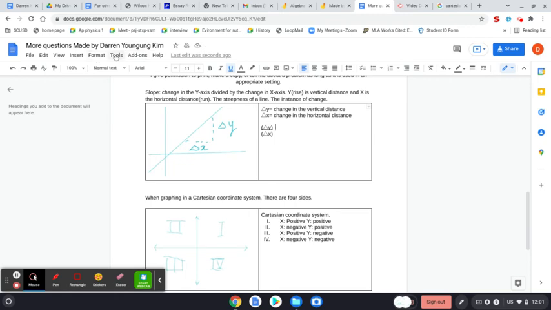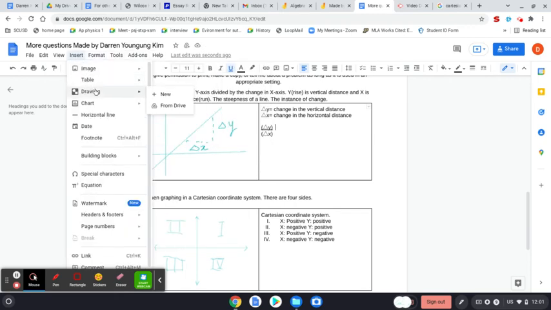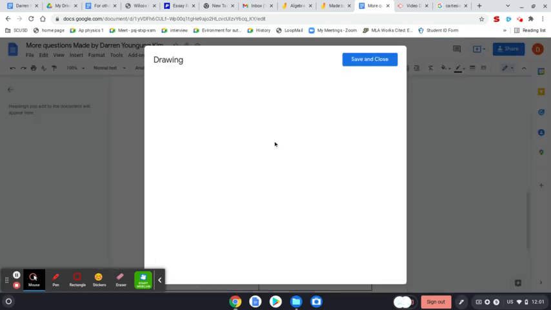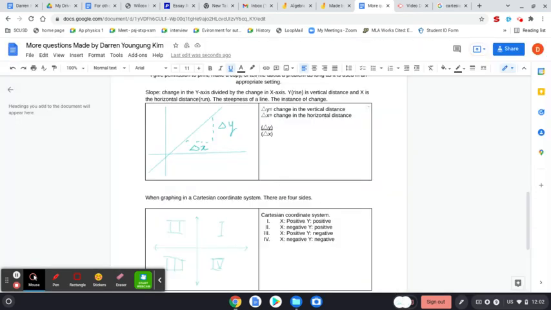Alright, let's see. Insert. Let's see. Drawing. New. Let's see if this actually works out in my paper or not. No, I don't think it does. Alright, never mind. Okay. I think that described it well enough.